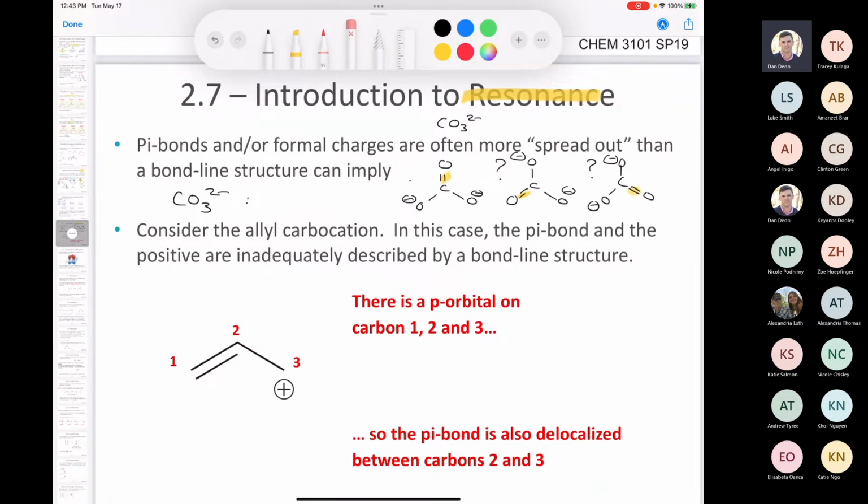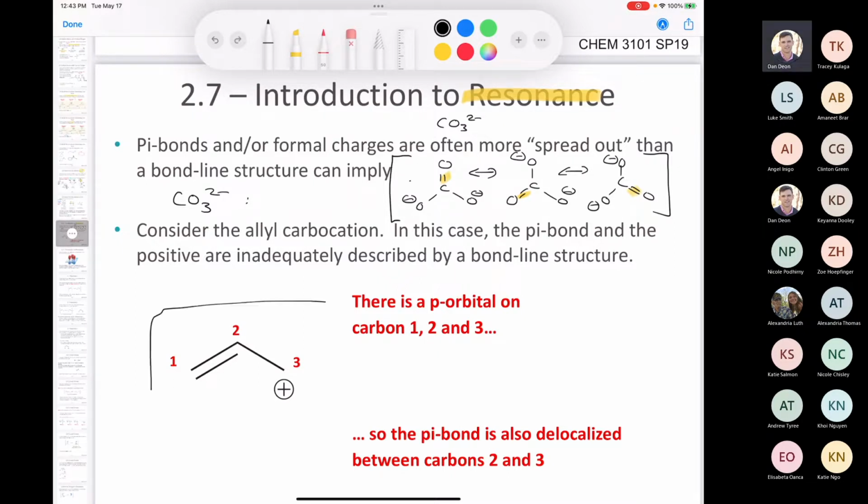To represent resonance structures, we put a square bracket around all three of these, and then we put a double-headed arrow in between them, because a double-headed arrow represents resonance. All it's showing you is that the formal charge is actually more spread out than you can see in one single Lewis structure.